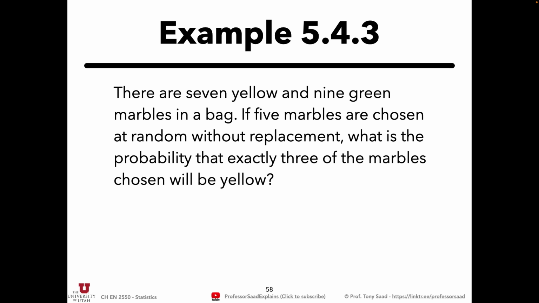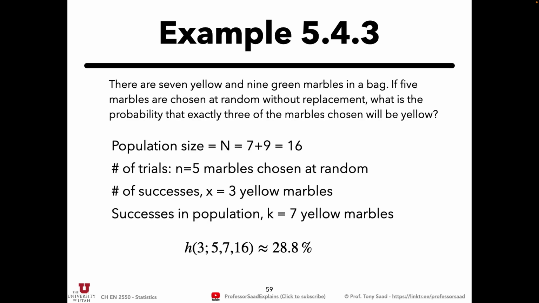What's the number of yellow in the population? It's 7. So k is equal to 7. If you run this, you get k equals 7, x equals 3, number of trials is 5, total population is 16, and you just plug it into the hypergeometric formula and get a number. I don't know if your calculators have those. You're welcome to use that on your calculators as well, and it simplifies things a lot.